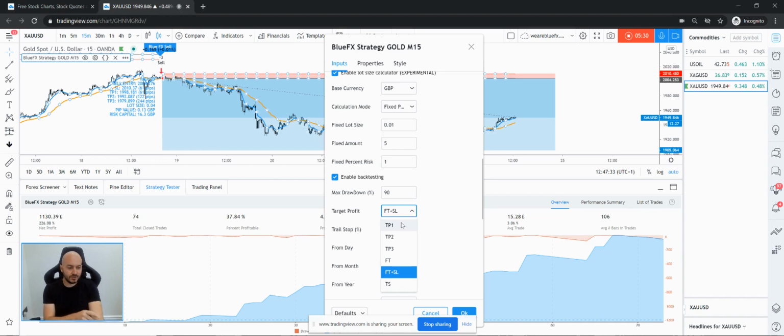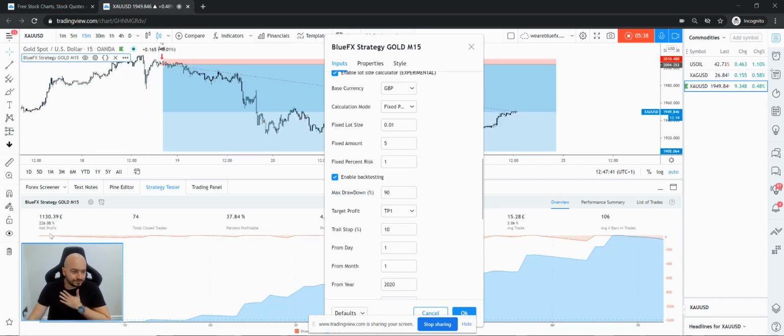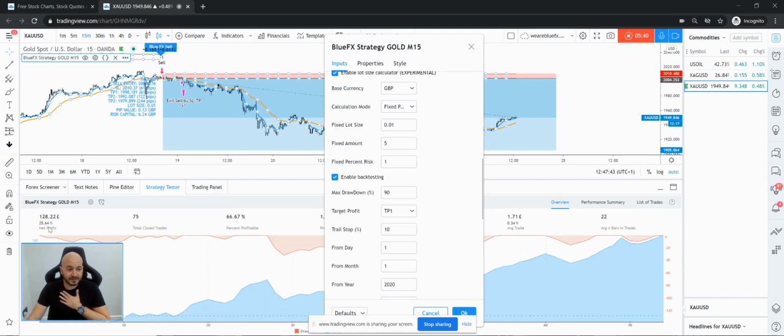But also I'm going to prove to you that the net profit is going to come down because ultimately we are missing more profit opportunity by doing that. So on TP1, our net profit is a tenth of what it is with FT and SL. A tenth, right? But we're winning double the amount of trades. So this is a great example of where win rate is an absolute myth.